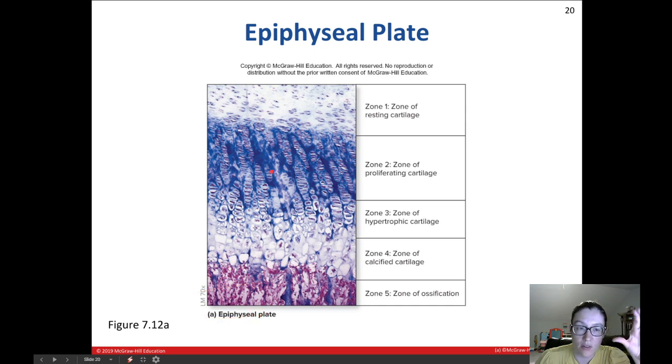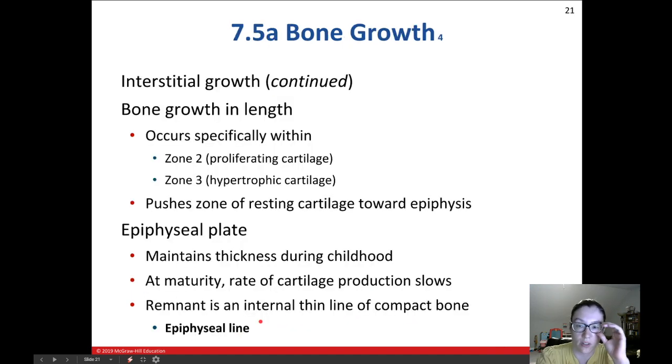The cartilage grows an inch longer, an inch of that is ossified, and so on. So during childhood, this maintains the same thickness. Whatever cartilage has grown, we're ossifying the same amount, and so it has the same thickness during childhood.